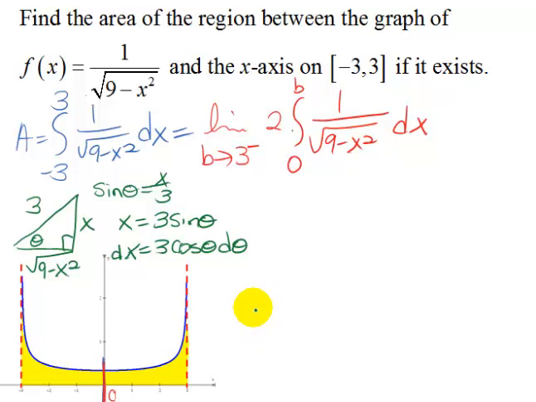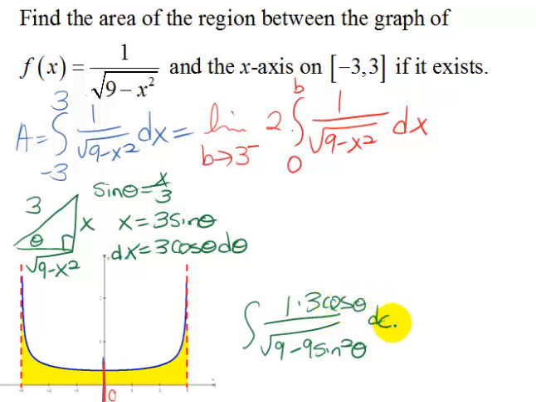So what I'm interested in is integrating 1 over the square root of 9 minus, replacing the x squared with 9 sine squared theta, and then my dx is 3 cosine theta d theta.